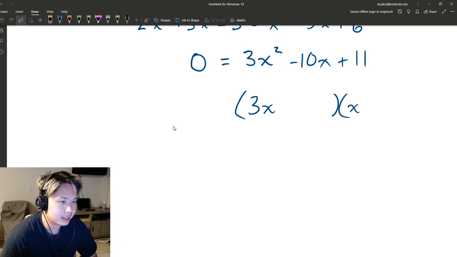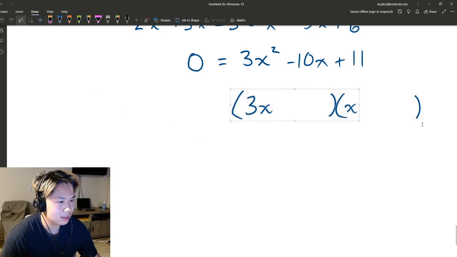Three x, and then where should the things go? Is this even factorable? I don't think it's factorable. If it's not factorable, then we need to use the quadratic formula.